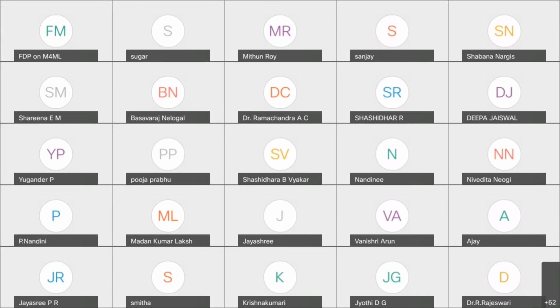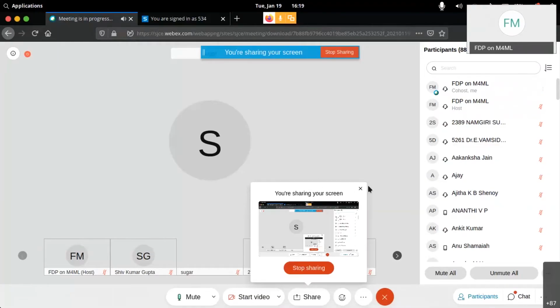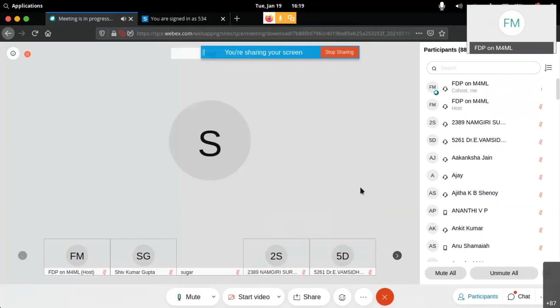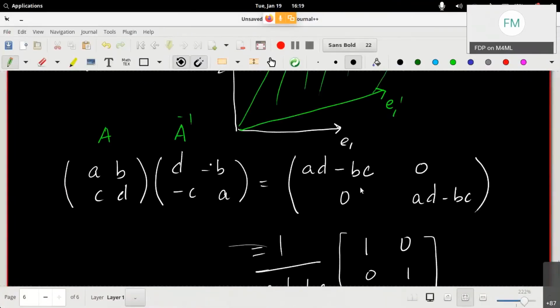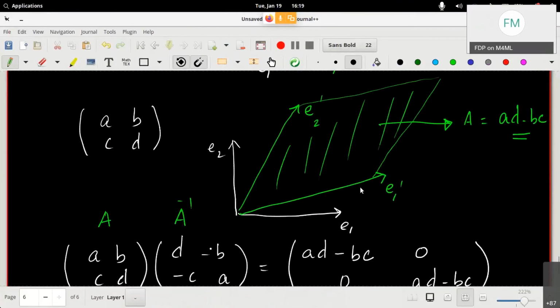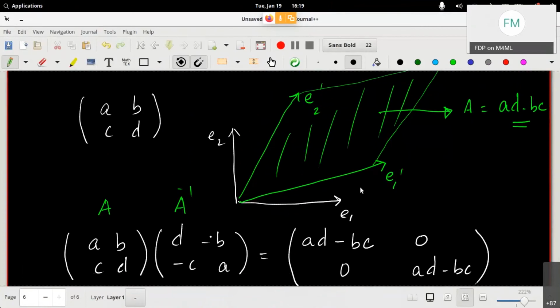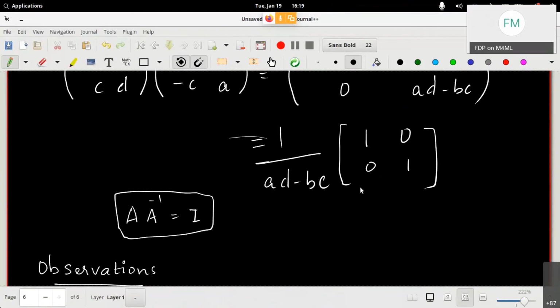I'll just see. Yeah, now? Okay, sir. So was this clear? The determinant part was clear to all of you? Was the screen there and then it got abruptly ended?